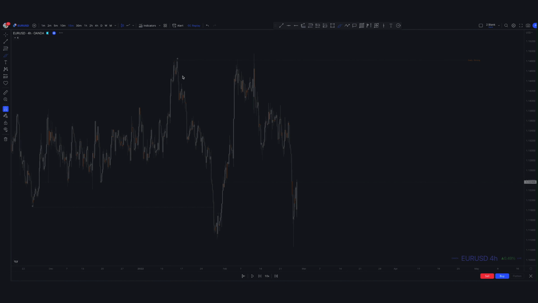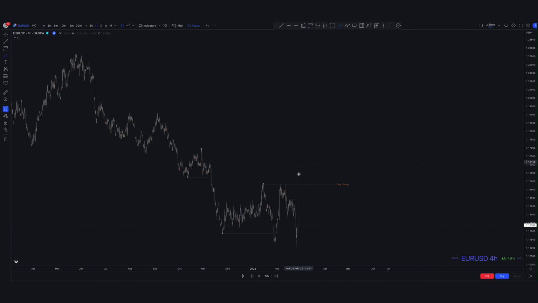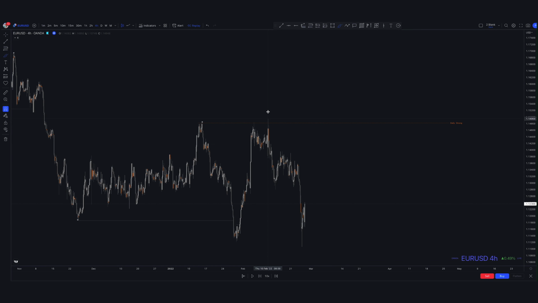So when you see that price wants to continue going up because it turned bullish on the 15, but you go to the 4 hour and see, what's going on here? Price just wicked above. Which one is stronger, the higher time frame or the lower time frame?